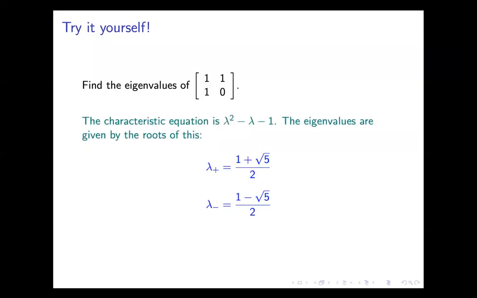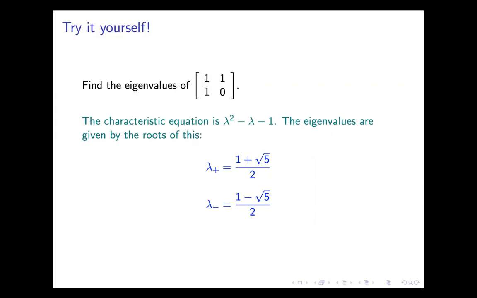Time for exercises. There is obviously homework, but if you're watching this for the first time, I advise you to do the exercises as well. Take the matrix 1, 1, 1, 0 and find its eigenvalues and eigenvectors; this matrix controls the Fibonacci process. We already saw that the characteristic polynomial is lambda squared minus lambda minus 1, and it has 2 roots.